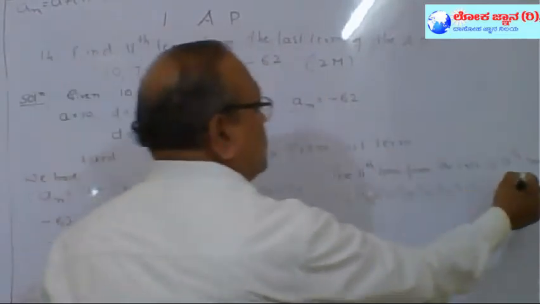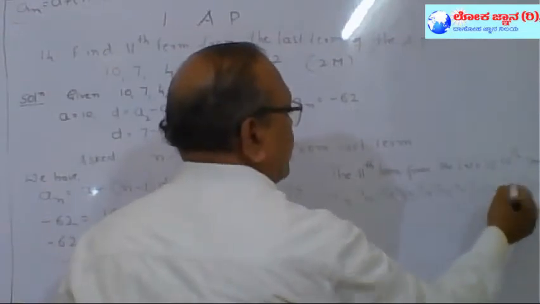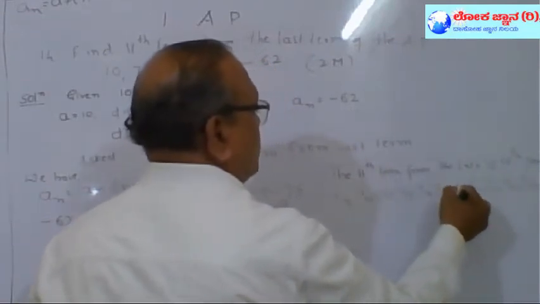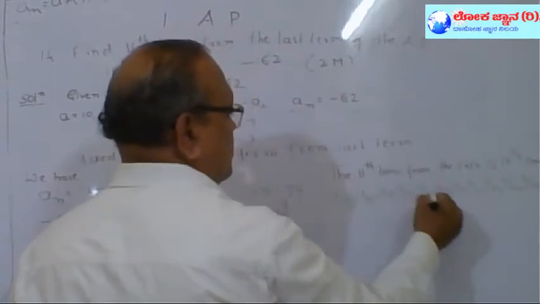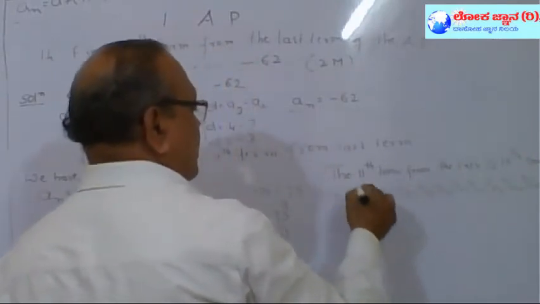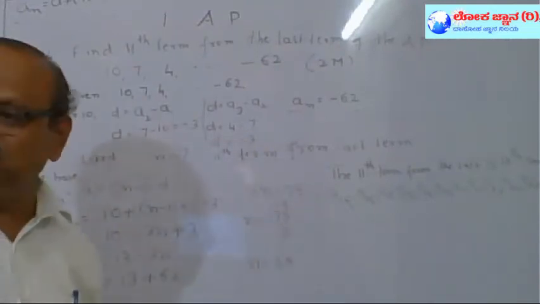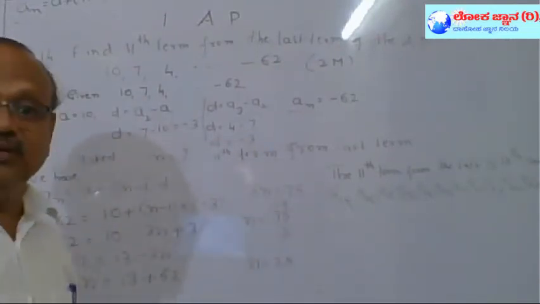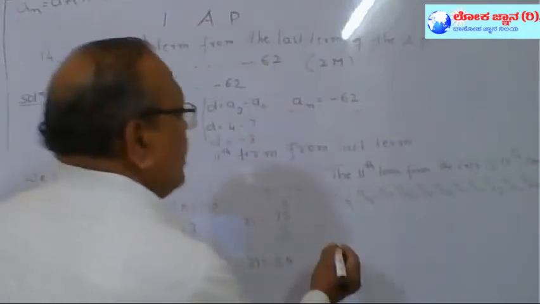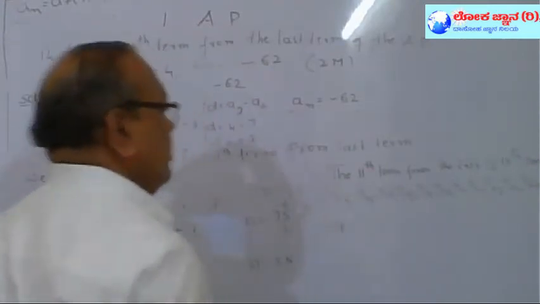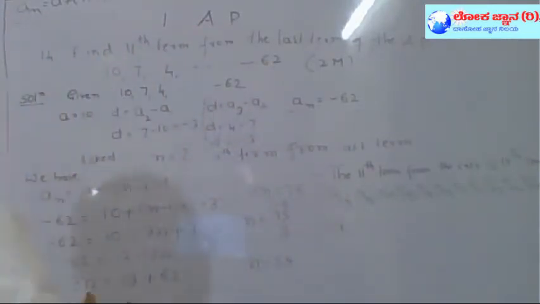Now coming backwards: first, second, third, fourth, fifth, sixth, seventh, eighth, ninth, 10th and 11th. From the last, the 11th term is the 15th term. That is what you have to find out. Don't get confused.